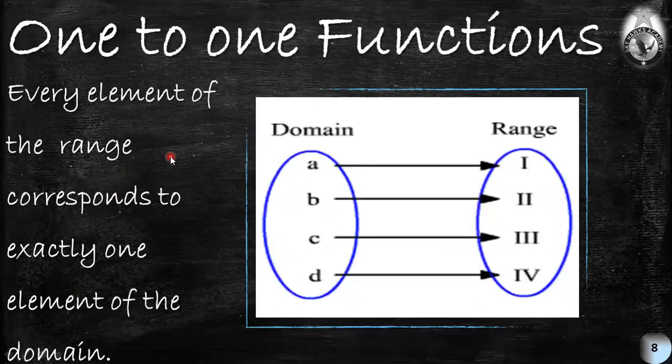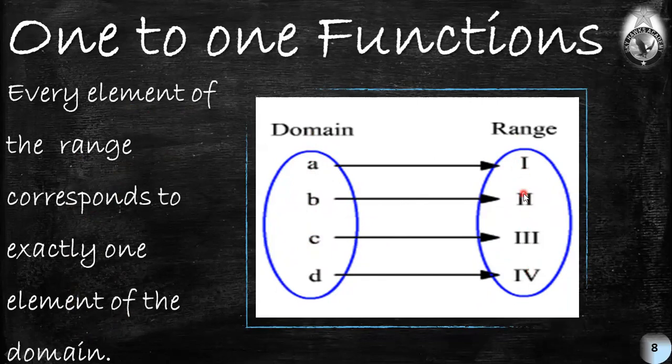Look at this. Here we have two blue ovals. The one on the left contains A, B, C, D, and in the right oval, 1, 2, 3, 4.